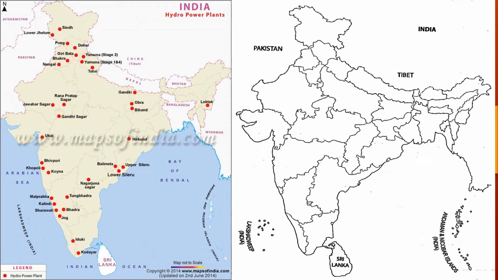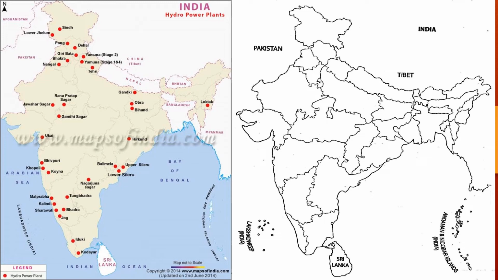So in our book four dams are given, and they are the major important hydro power plants in India. Clear. The major power plants which are already given are these. The first is the Bhakra Nangal Dam.